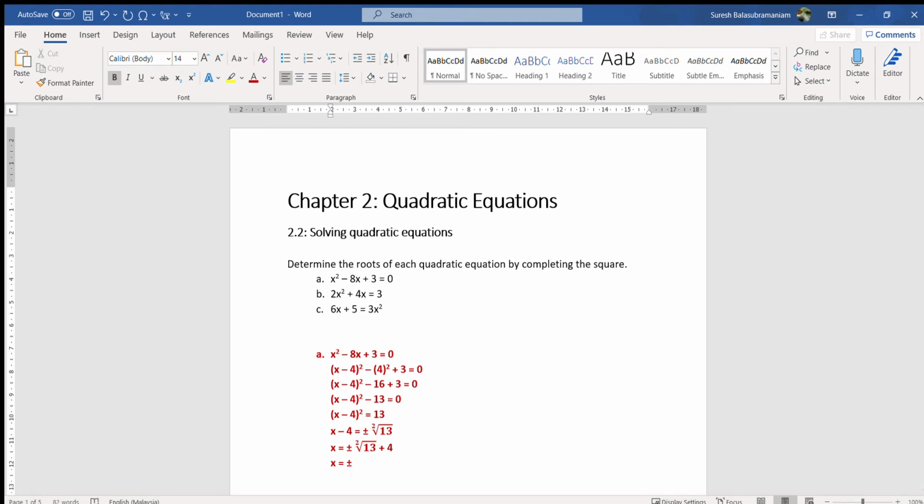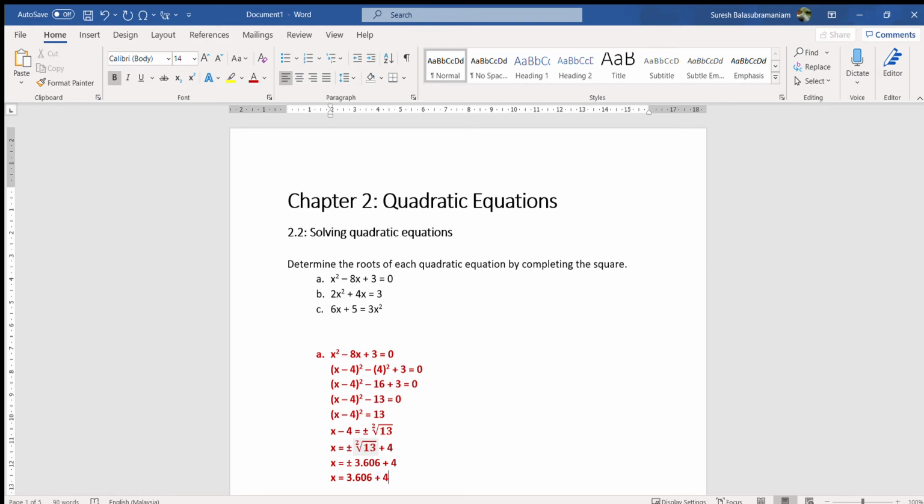I can open my calculator. I need to square root 13, so I get 3.6, I'll take 3.606. So here I have two answers, x equals 3.606 plus 4.